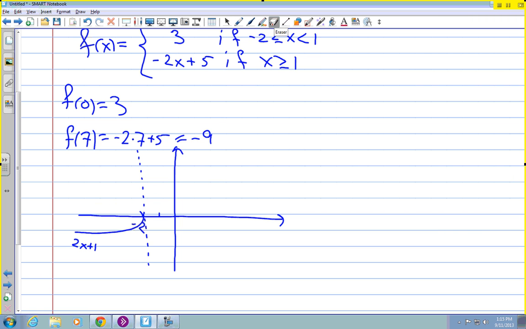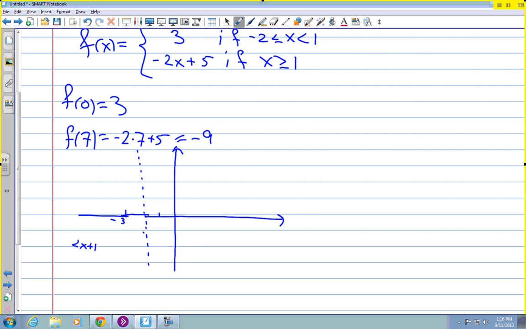I'm just going to grab any point that belongs to that line on that region. Let's say, if I take x equals -3, what's the value of the function when x is -3? -5. If you plug -3 in here, you'll get -5.